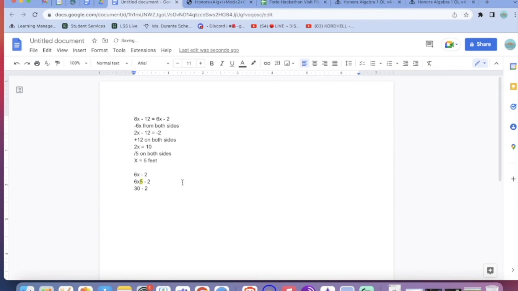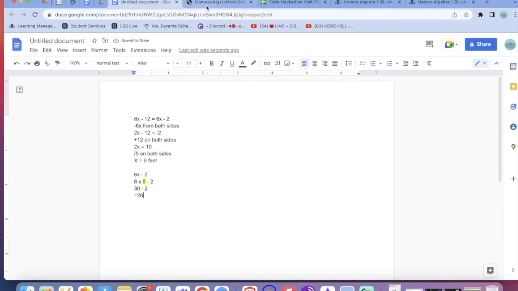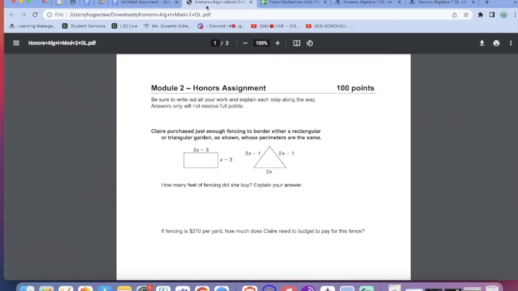So we have 6 times 5 minus 2, 30 minus 2, equivalent to 28. So the perimeter is equivalent to 28 feet.